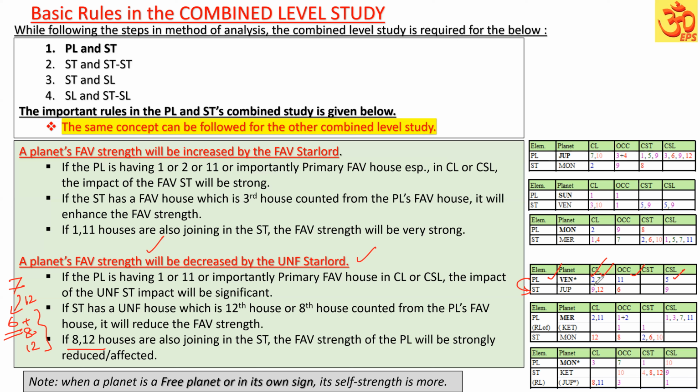Suppose the planet is having favorable primary houses, yes, the 7th house is there and 11 is also there. If that planet's star lord is Jupiter, Jupiter is 9th lord, 12th lord, occupying 6th house and 9th sublord.